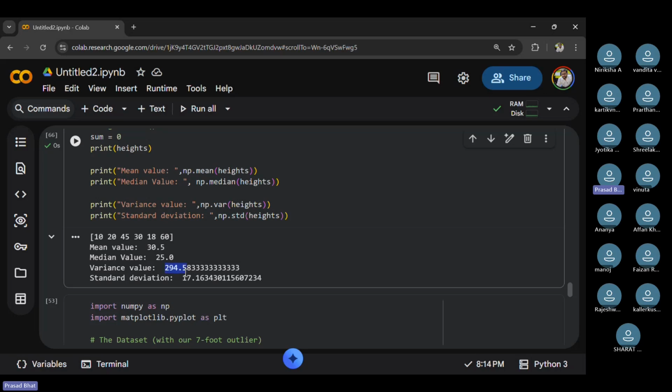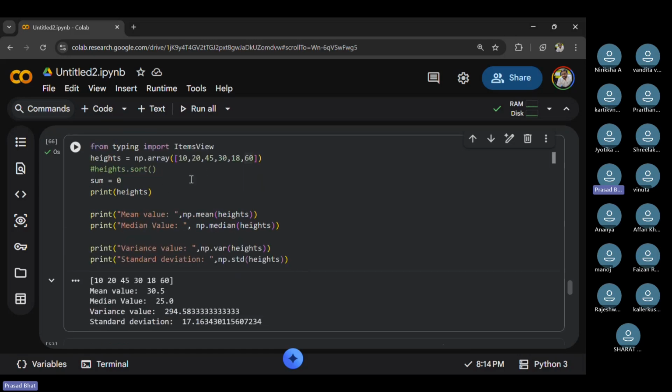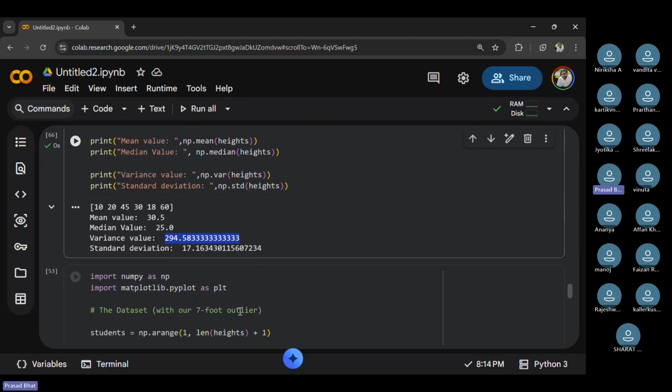The error is squared. That is why you get this high value for variance. But the standard deviation is in the normal scale of the data itself. If the data is in 10, 20, 30, 60 lakhs, then the standard deviation, the variation, will also be in the range of lakhs. For variance, you cannot explain physically what it actually means. Keep that in mind.